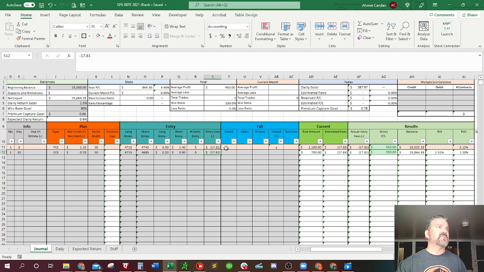So imagine this one, and this is how this trade actually went. I received a credit for my long legs. Remember, I'm closing out that one spread. So when I closed out my long leg, I received a credit of 7 cents. When I closed out my short leg, I paid a debit of 20 cents.